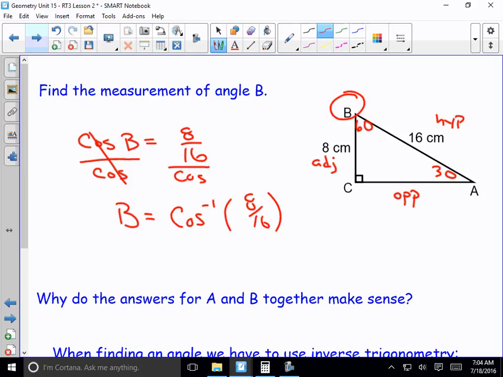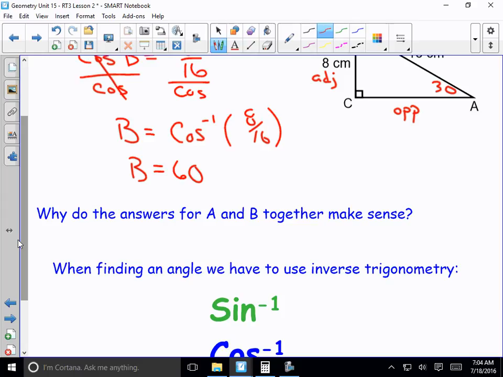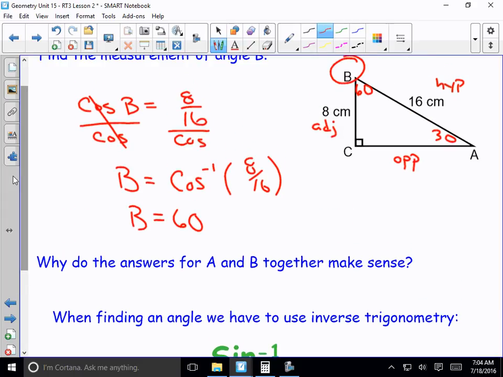So we do second cosine to get cosine -1, 8 divided by 16, and we get 60 as an answer. Why do the answers of A and B together make sense? Because it is a triangle. All triangles add up to 180. So if you know one angle, you can find the missing angle without using trig. If you use trig to find one, then you can use just basic math to find the other.